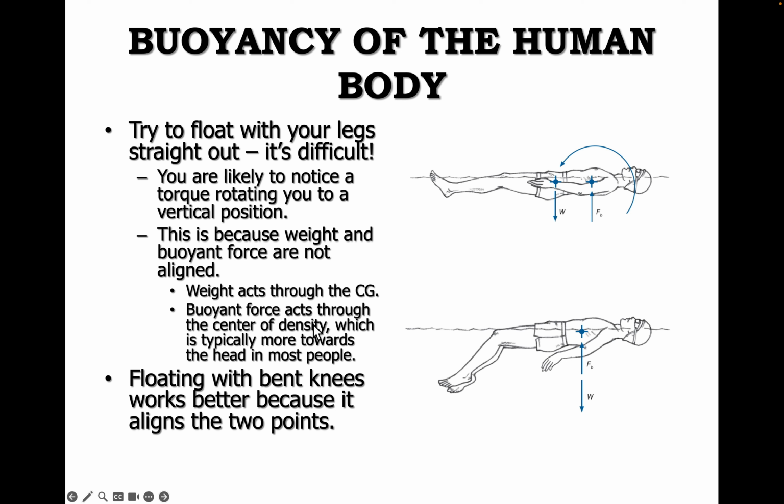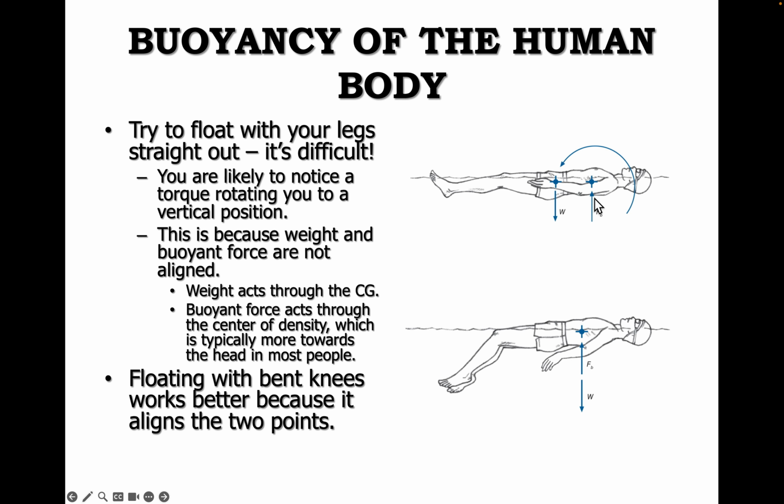However, buoyant force acts through the center of density, not the center of gravity, which in general is typically closer towards a person's head. You'll see it by this dot right here. So this dot is going to be your center of density.